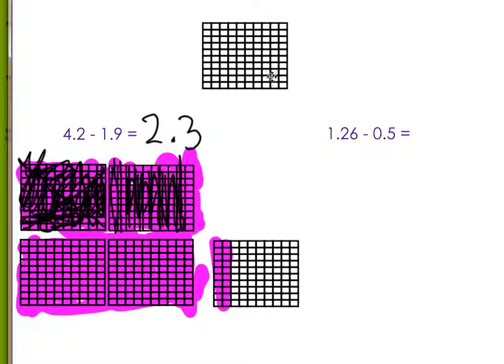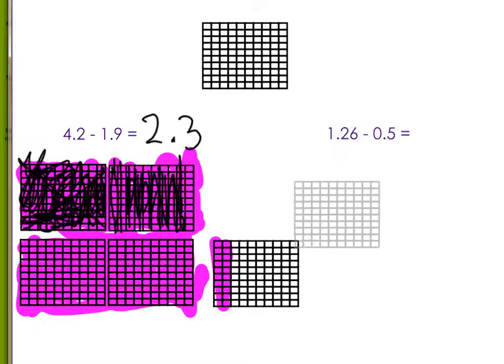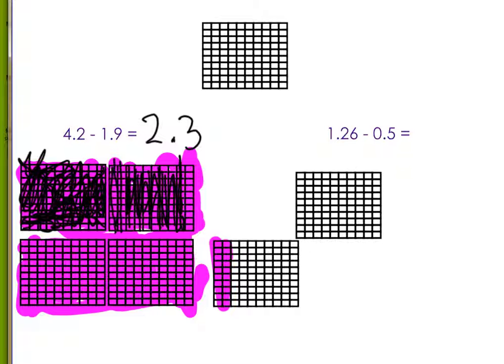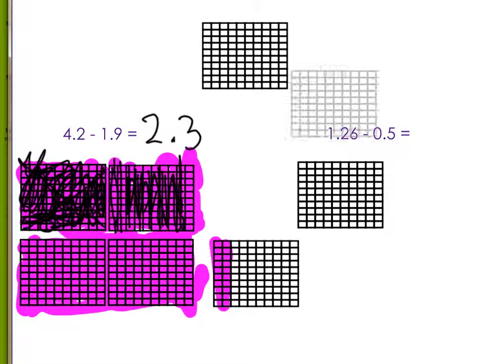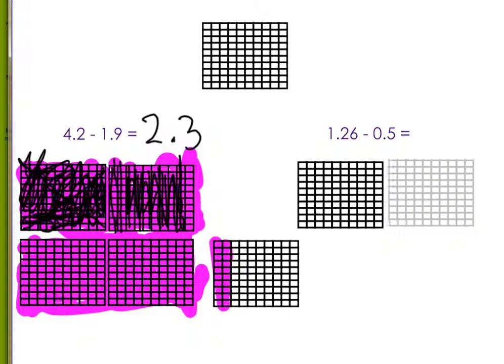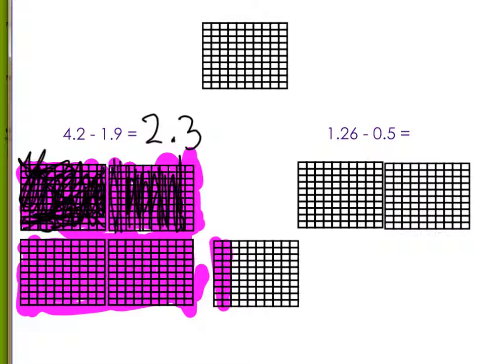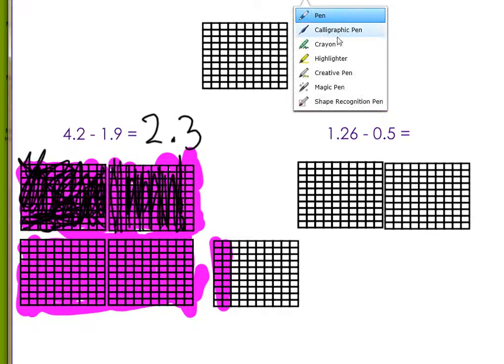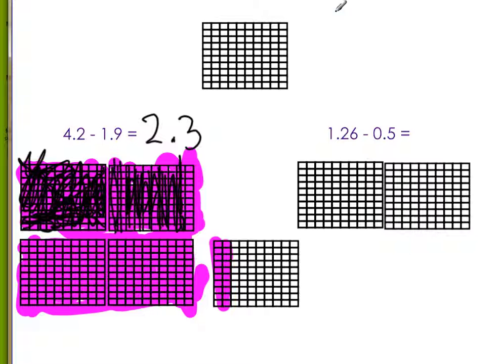Let's try another one. Let's bring this model down, and since this is 1 and 26/100, we're going to need 2 of these because 1 whole one will need to be colored, and then we'll have to show 26/100 on the other one. So let's go ahead and highlight one whole one.